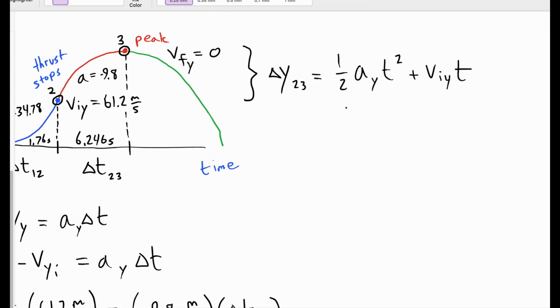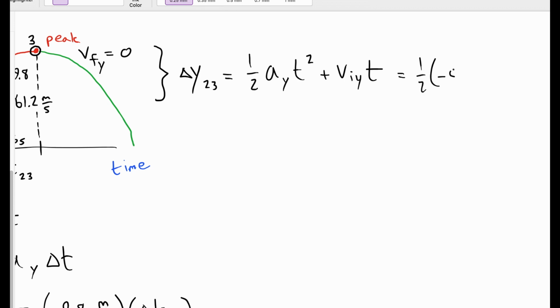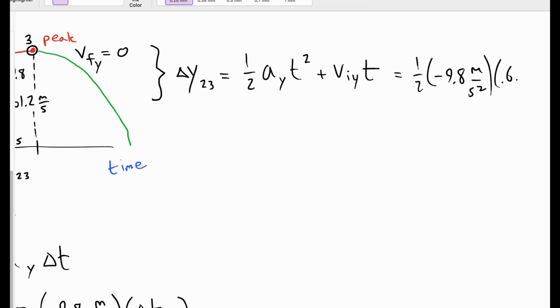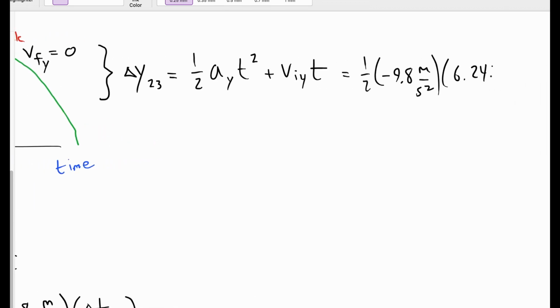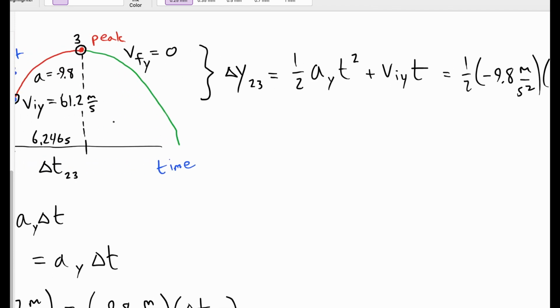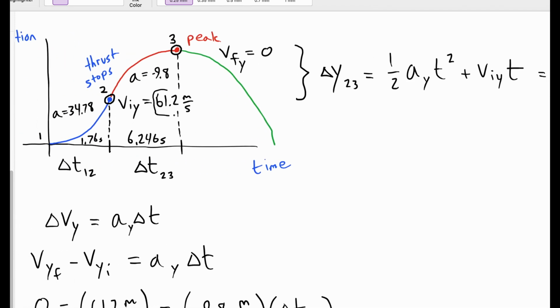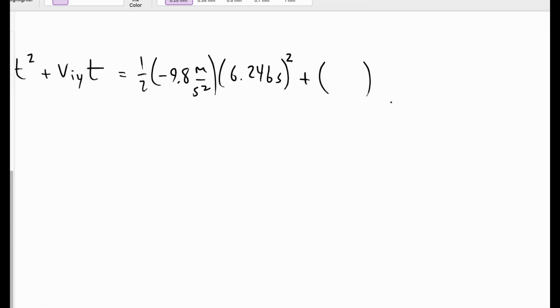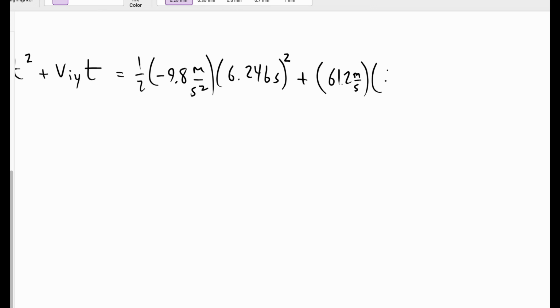That would work. So it's going to be 1/2 times negative 9.8 times 6.246 seconds squared. But don't forget, we also have to start off with an initial velocity here. Our initial velocity for this interval is 61.2 meters per second. And just put in that delta t. All right, that should be our calculation then.